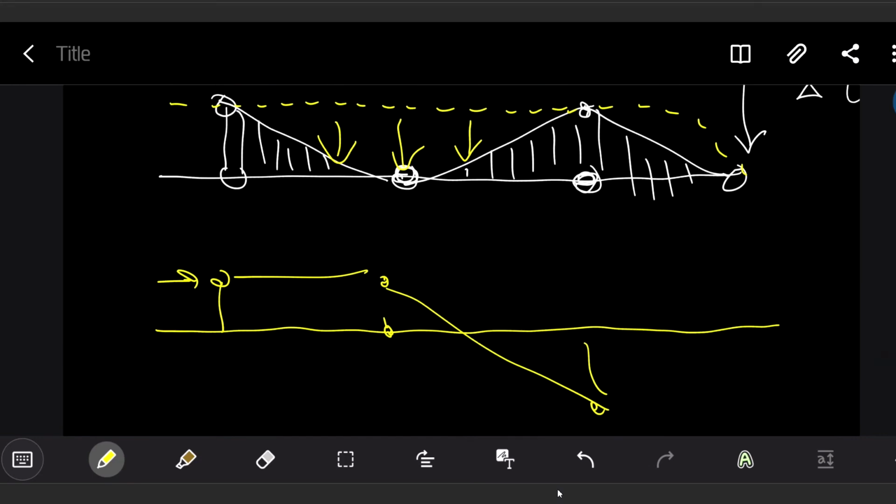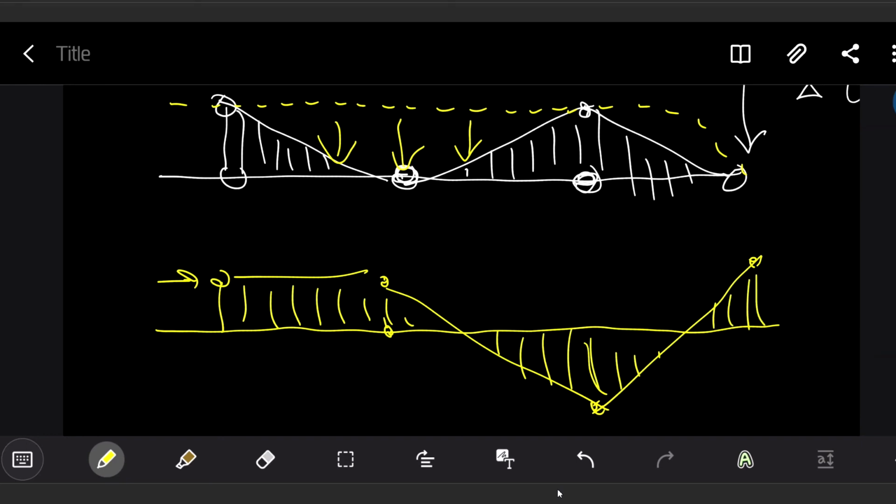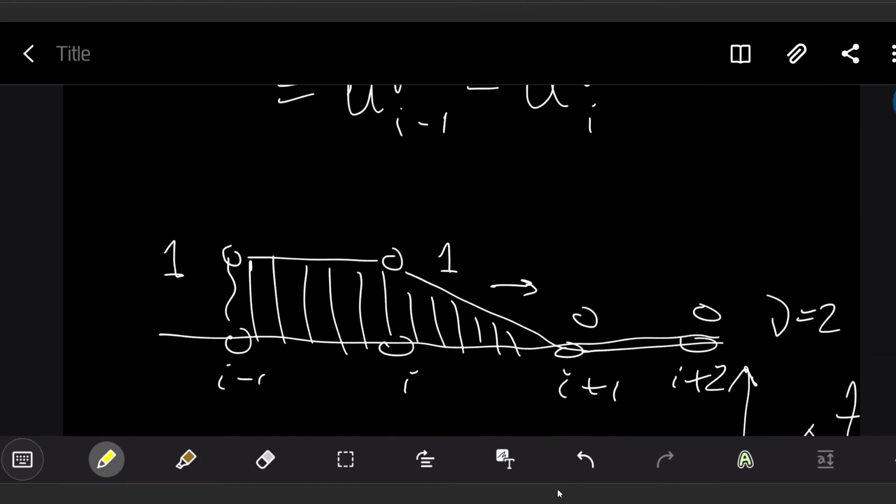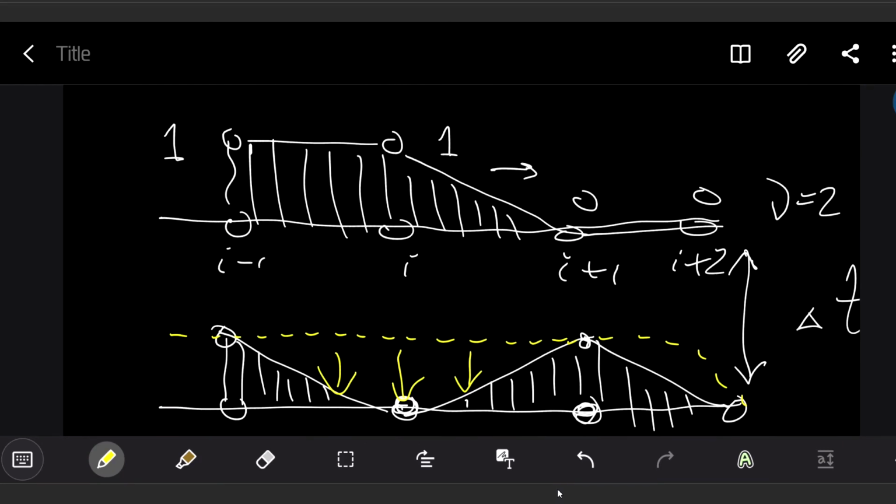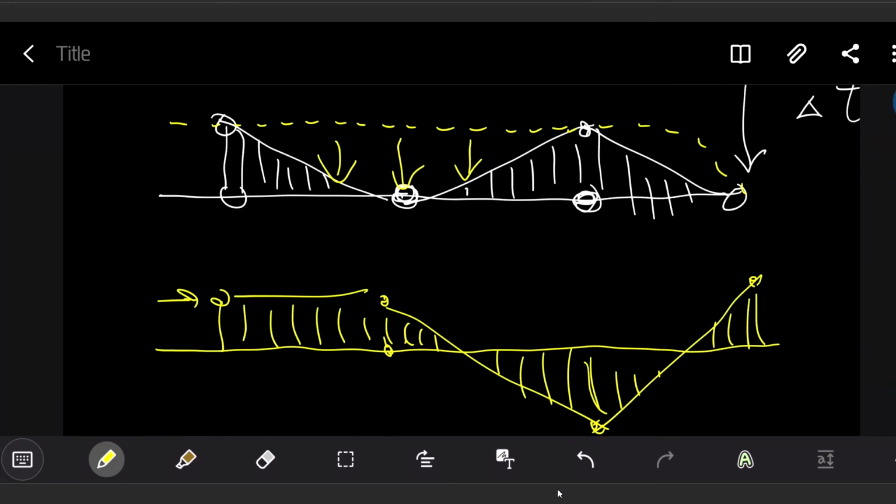And this point will also be positive. It will be 1. So something like this. You see the next step of simulation. The wave has changed to a very strange wave. Somewhere the wave is negative. So calculation with a Courant number more than 1 gives us this kind of problem.